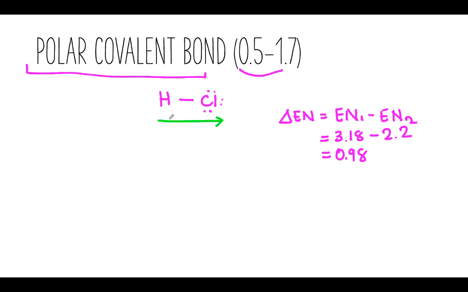The head of the arrow is facing towards the chlorine. And on the other end, I'm going to put a little cross, and that cross is supposed to be for positive, right? So the hydrogen is more positive and the chlorine is more negative. This arrow is what we call a dipole. It's telling you that there is an unequal sharing of electrons between these two elements.